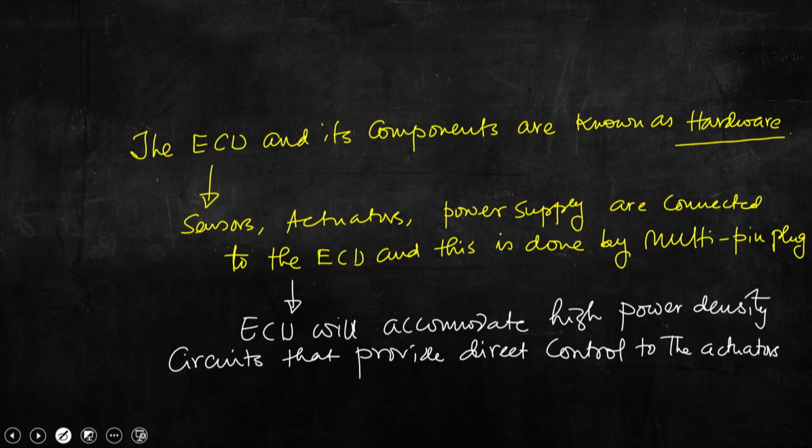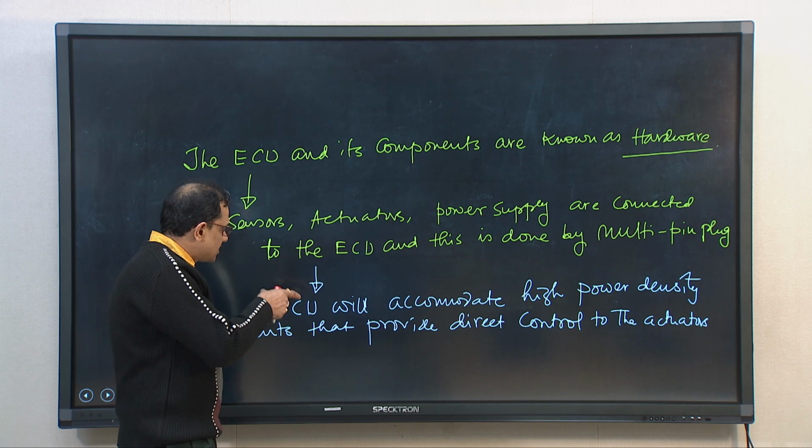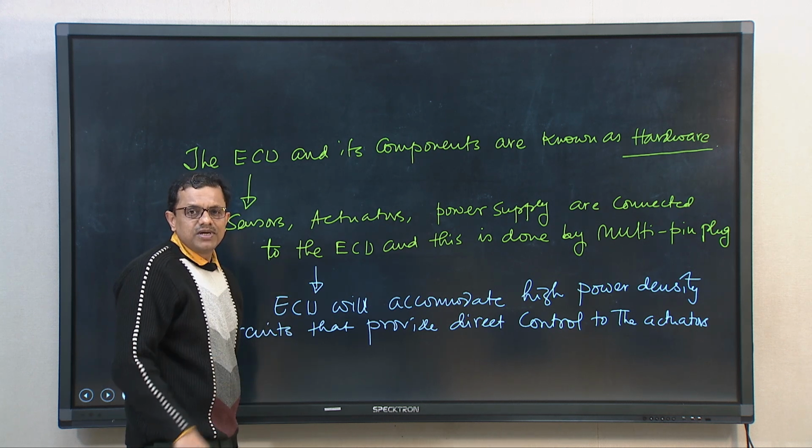And as I said, this high power density device will generate excessive amount of heat, and that is why these high power density circuits are provided inside the ECU, so as to have better heat transfer.